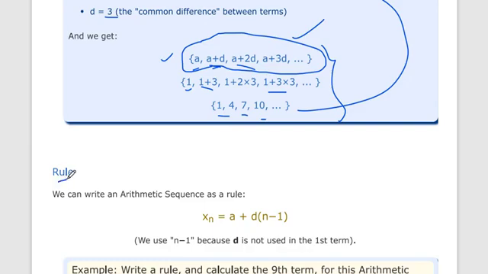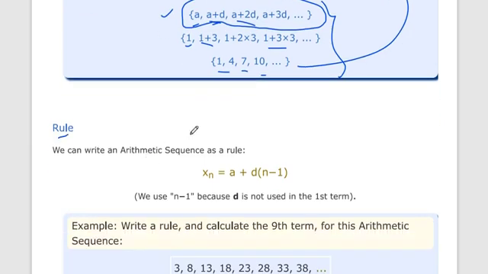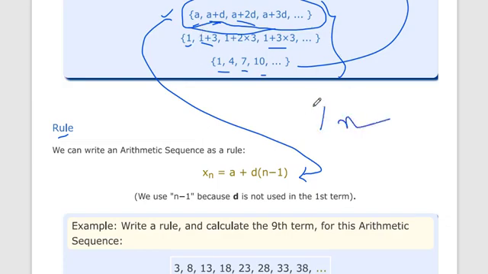Also, in the last lecture we talked about the rule. If you want to find the rule of this sequence, how do we write it? If you want to find the nth term, we can write x_n.